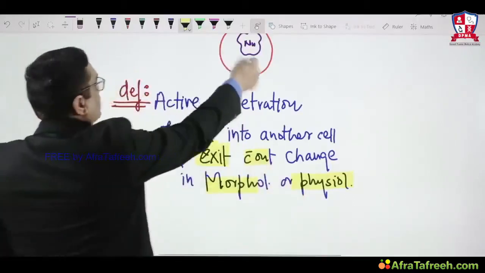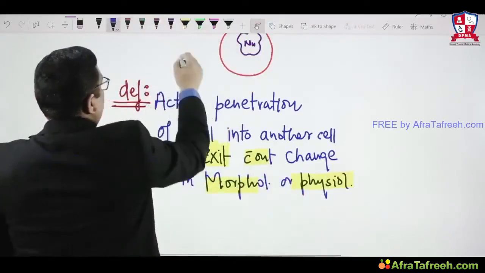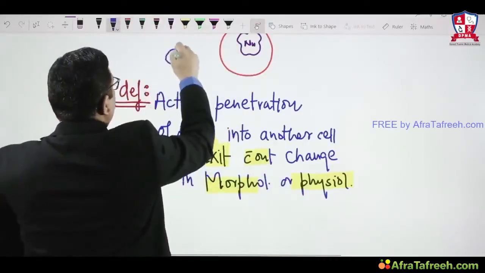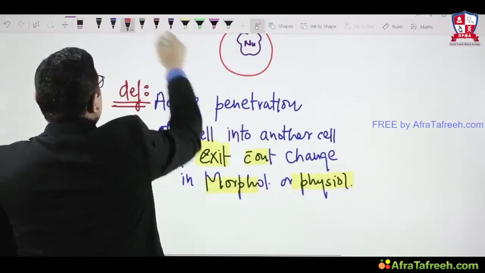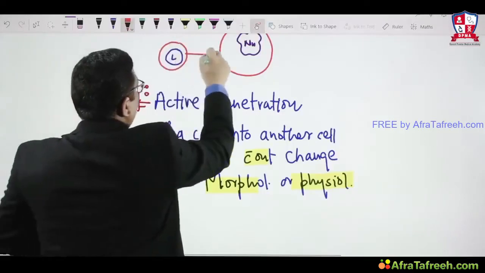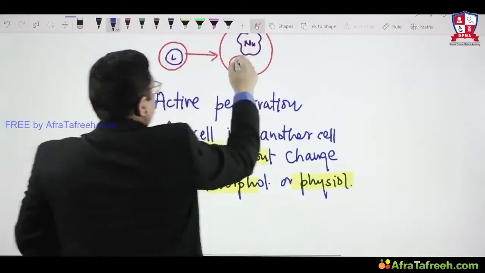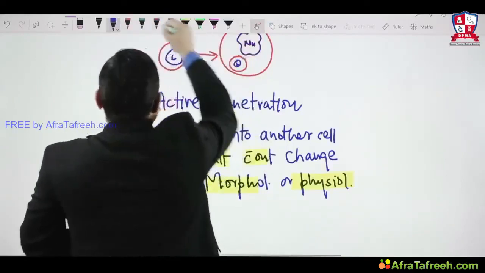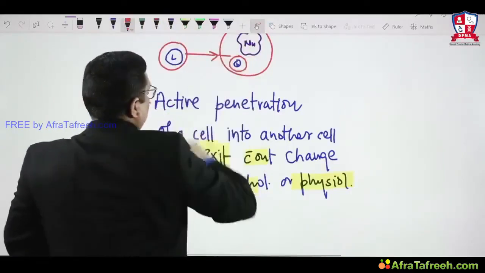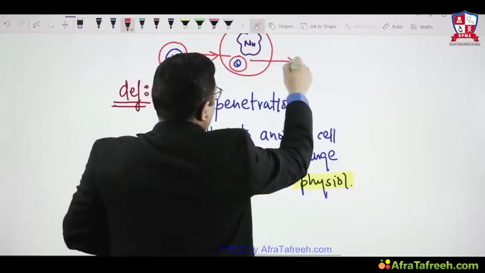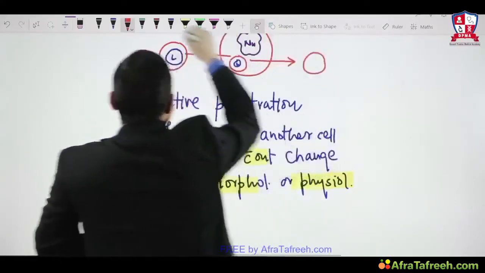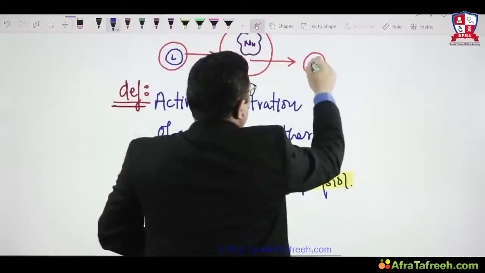So here I was showing you one cell, and now I am making another cell. Suppose this is a lymphocyte, and now this lymphocyte is penetrating this cell. So this is the lymphocyte inside the cell. After entering, it comes outside the cell just as it had gone inside.